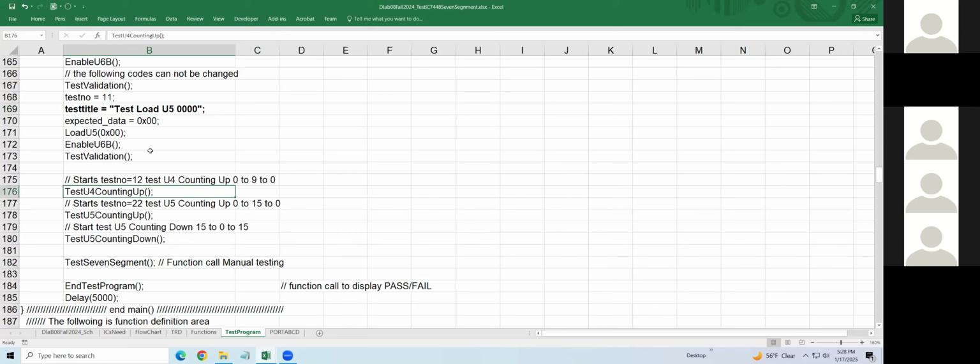Now, you want counting up. I'm using the function F for counting up and F5 for counting down. And the last one is testing the 7 segment.